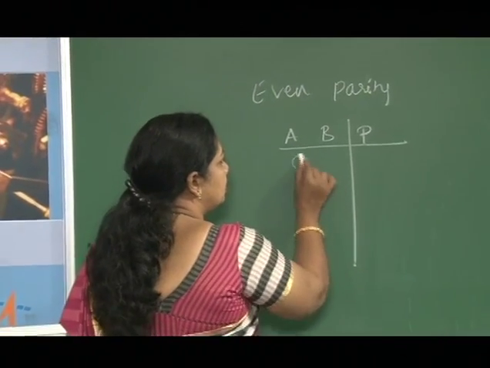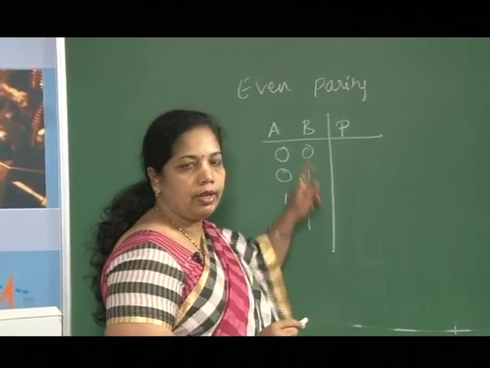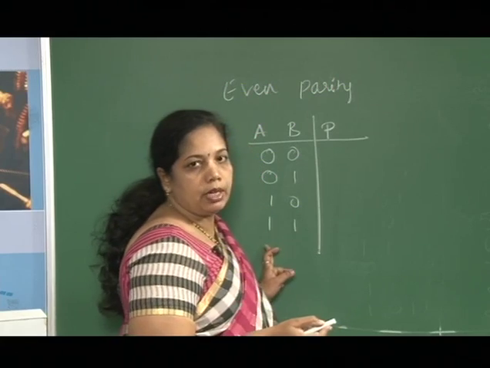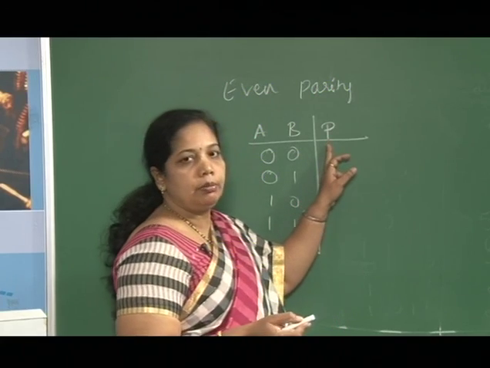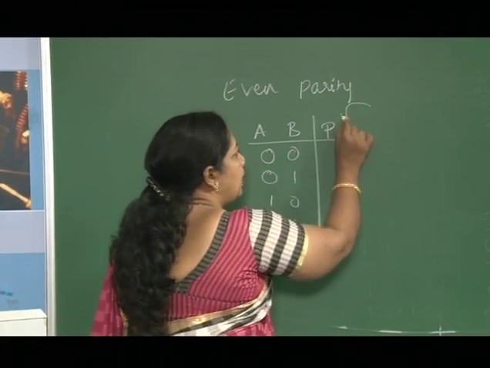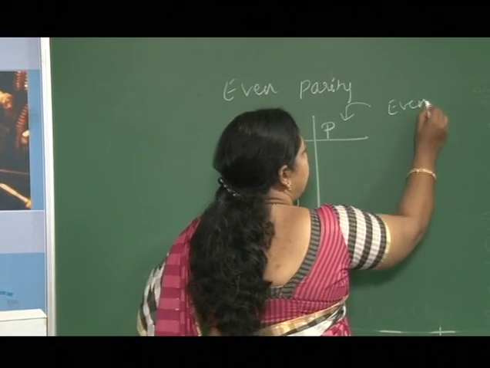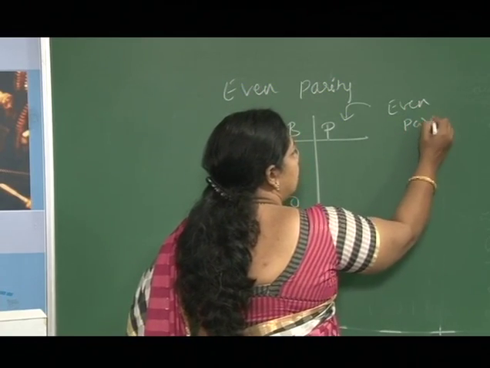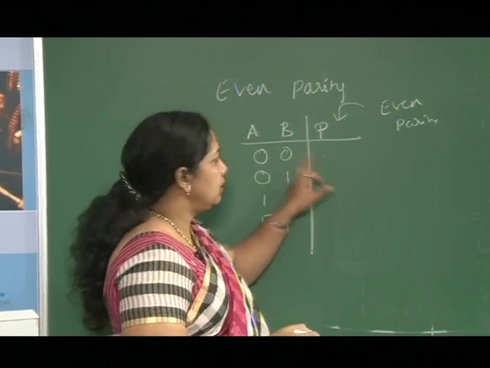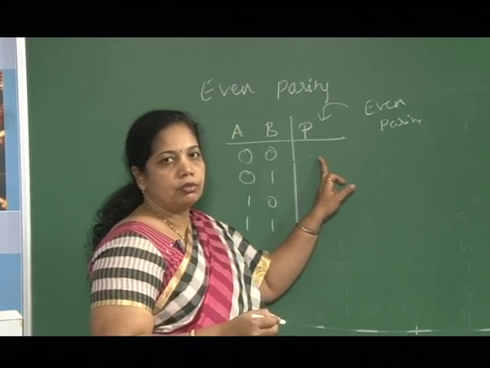For these 2 inputs, I am going to write 4 combinations. This is an additional bit, the parity bit, I am going to add to this input. If I add this as an even parity bit, then I should enter it in such a way that it should be an even number of ones.